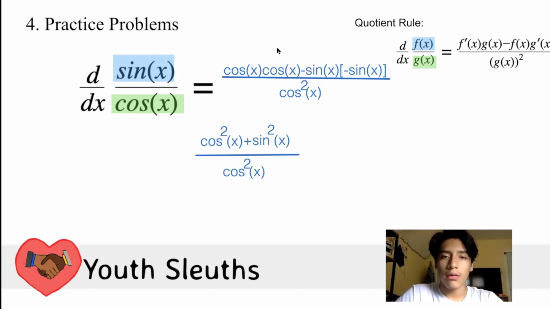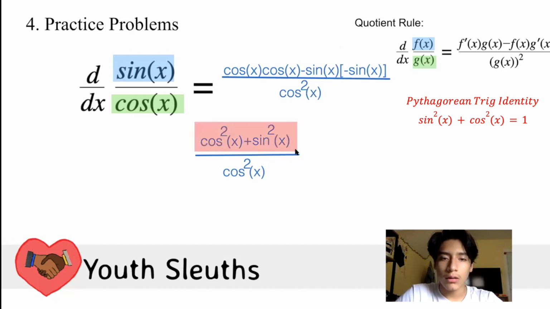And now as you remember from last one, the trig identity that we talked about, which you can see is right here. And so remember that cosine squared plus sine squared of x is just equal to 1.